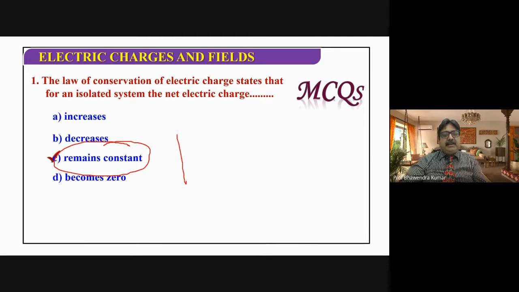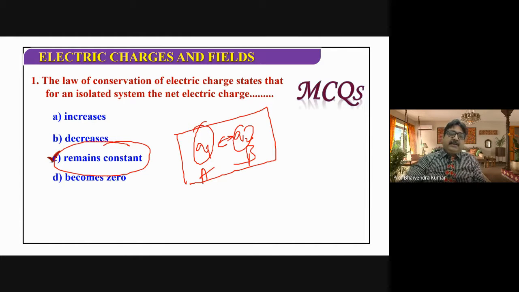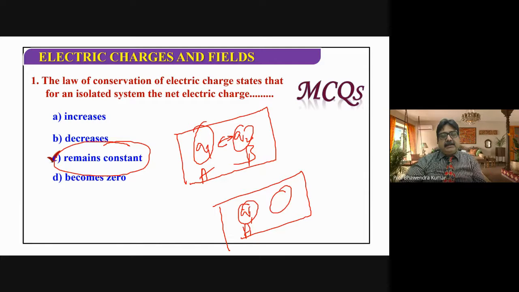So if there is an isolated system which holds two objects A and B, and initially A held a charge of Q1, B held a charge of Q2, and they are allowed to exchange the charges, then what will happen? After some time, A will acquire a charge of Q1 dash, B will acquire a charge of Q2 dash.